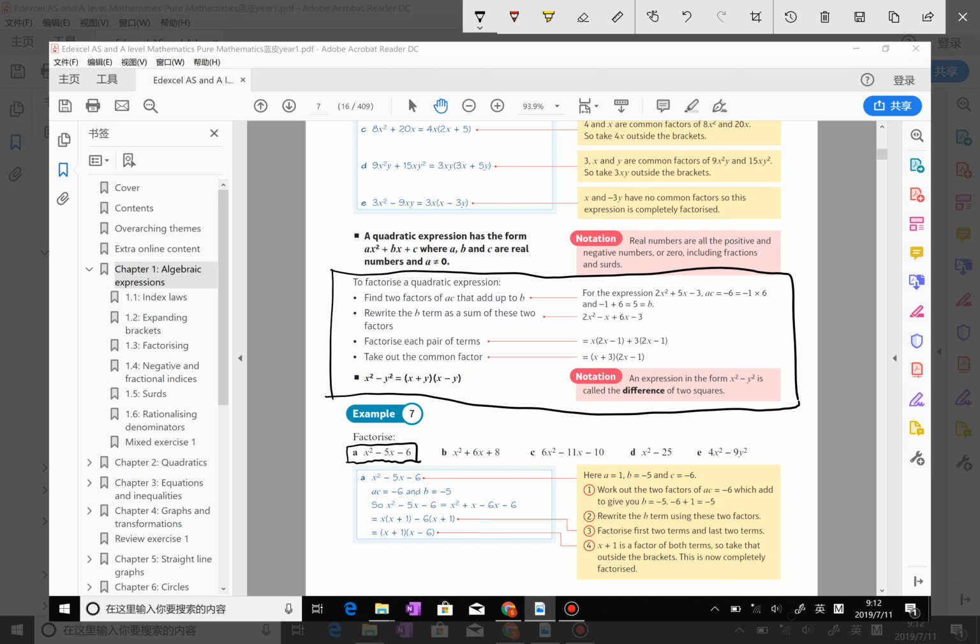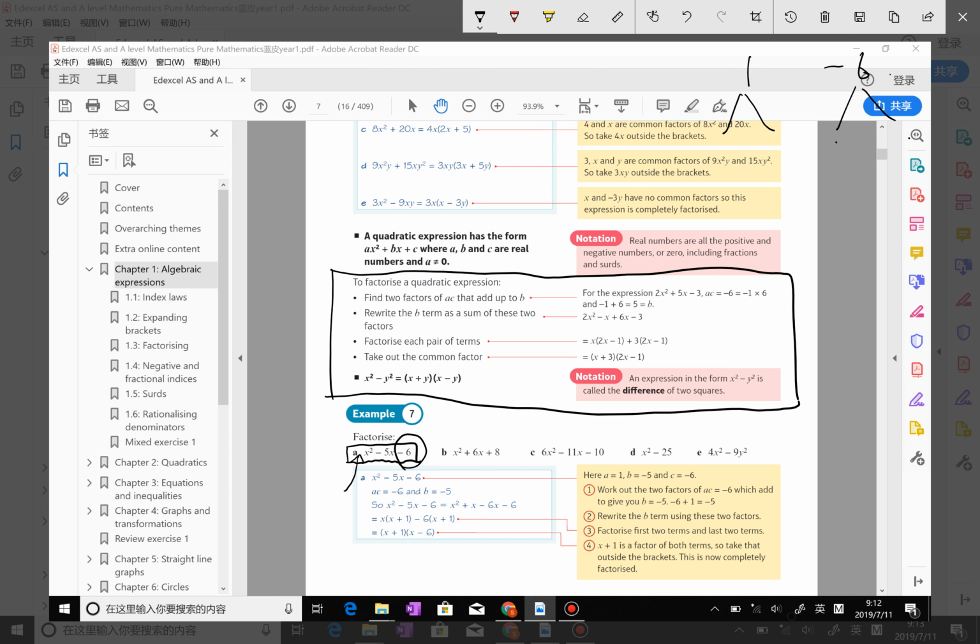So you have x squared minus 5x minus 6. So how do we do it? First of all, we try to find the coefficient in front of x squared and the constant term negative 6, and then we have 1 and negative 6. So what we're going to do, we find two factors that multiply together to get 1, and another two factors that multiply to get negative 6.